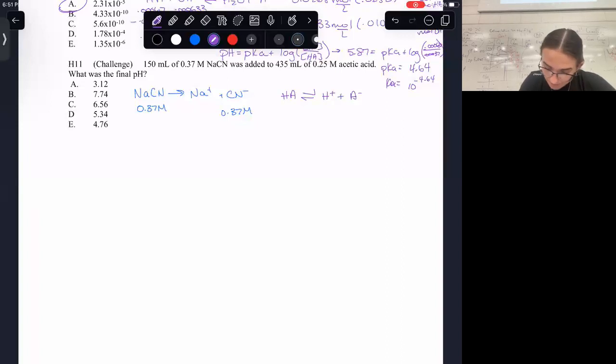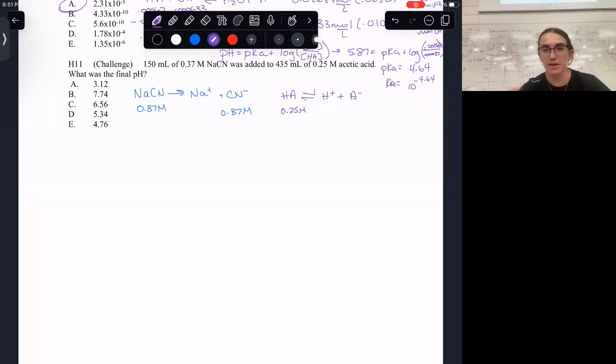We have 0.25 molar of our acetic acid. How do we find how much H plus and A minus we have? Yep, right.